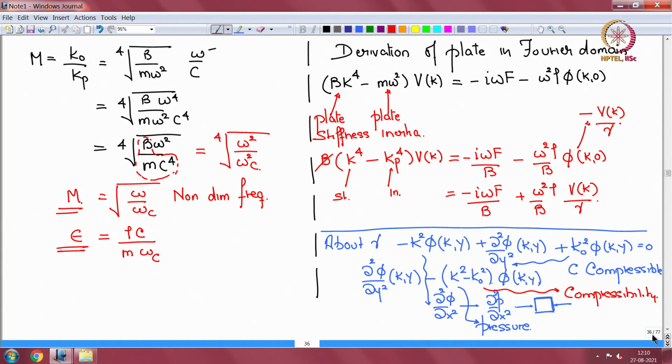So we have structural stiffness, structural inertia, and a gamma over here, and omega rho over here, which is fluid density. So what do we get in the net?